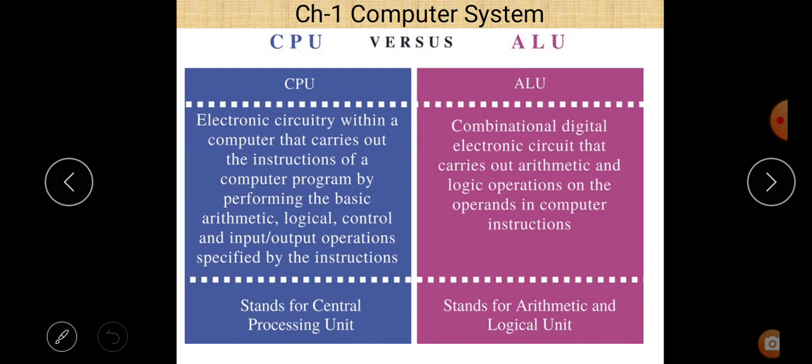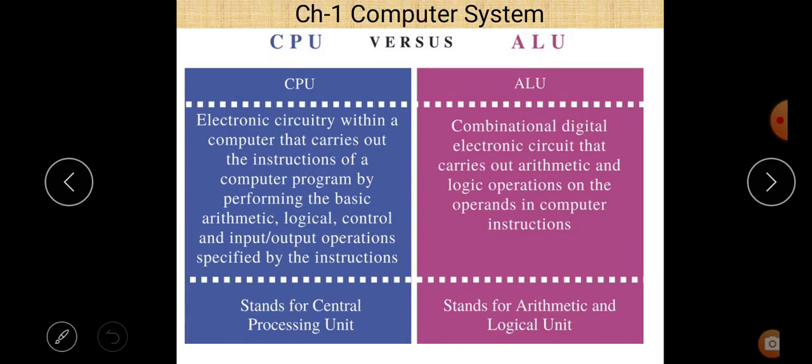First point regarding CPU: electronic circuitry within a computer that carries out the instructions of a computer program while performing the basic arithmetic, logical, control, and input operation specified by the instruction. And ALU is a combinational digital electronic circuit that carries out arithmetic and logical operations on the operands in a computer instruction.